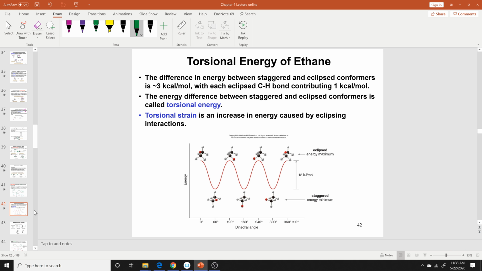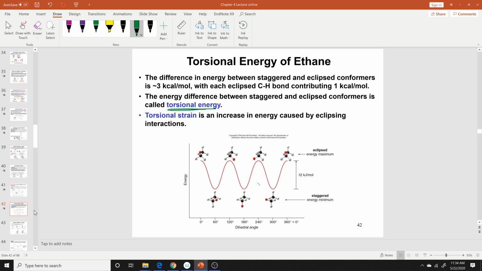Now normally the energy difference between the staggered and the eclipse conformation, we call it torsional energy. There are certain problems on Top Hat that I posted with their key. These are extra problems that I ask you to calculate the torsional energy of the structure, and the torsional energy is basically the energy difference between the staggered and the eclipse.